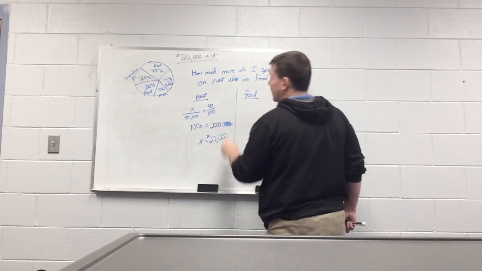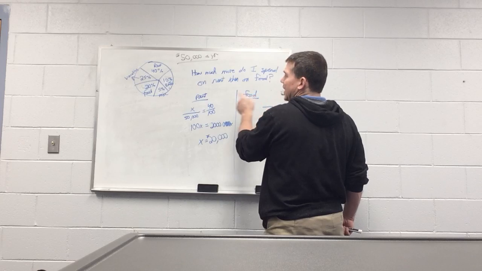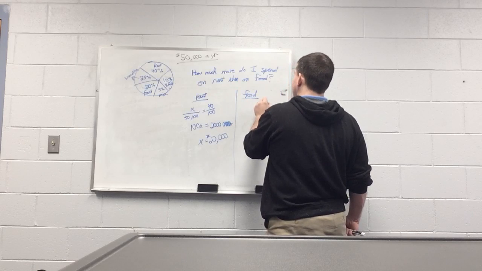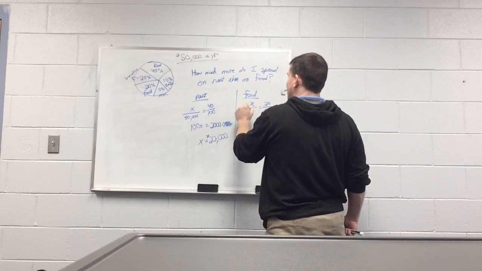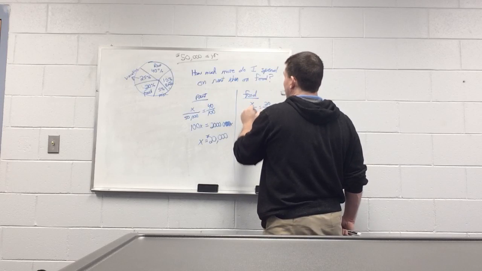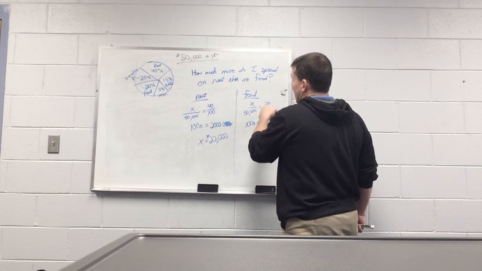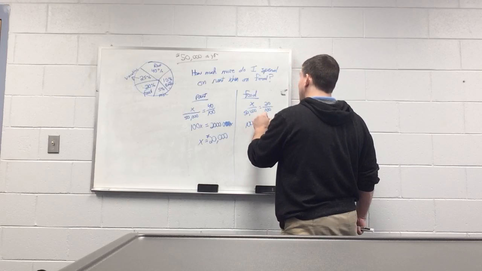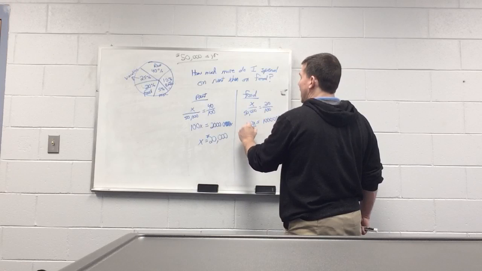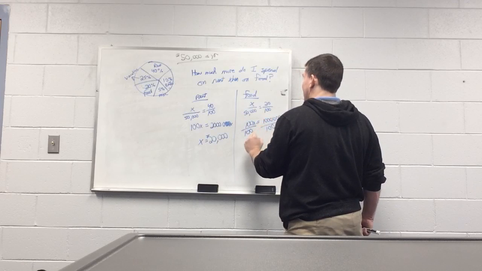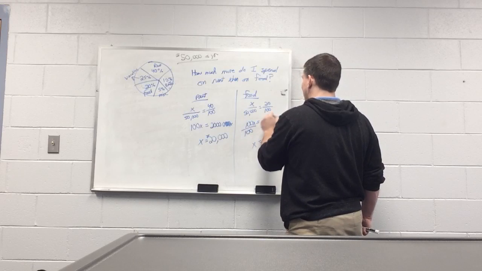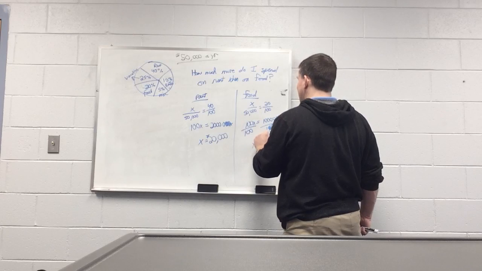Now I do the same thing for food. Food is 20%, so that's 20 out of 100. I do x over 50,000 again, because that's the total amount of money I earned. If I cross multiply, I get 100x equals 20 times 50,000, which will be 1 million. And then I divide by 100, which drops 2 zeros, and I get x equals 10,000.